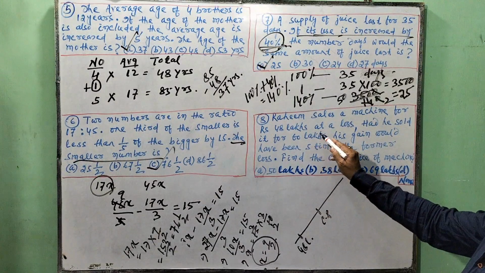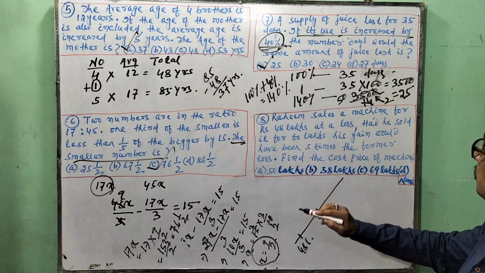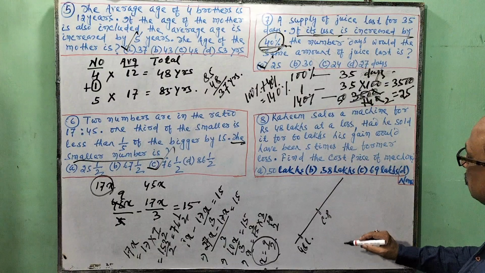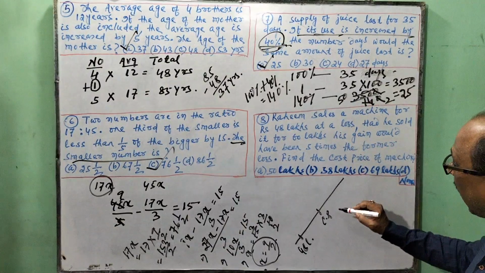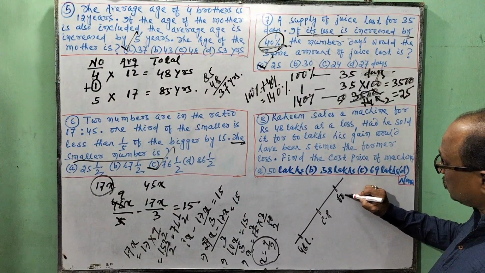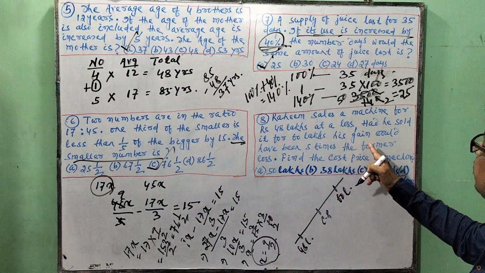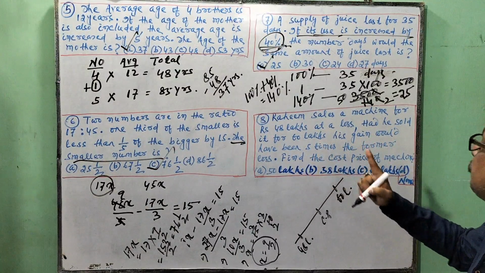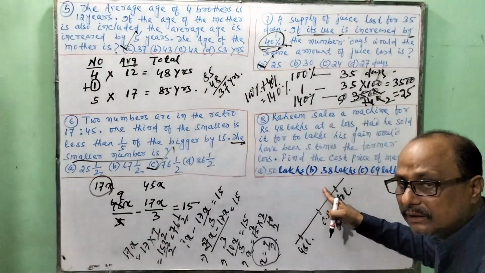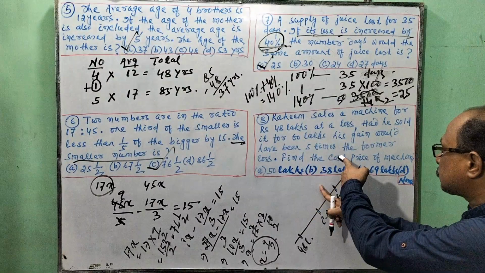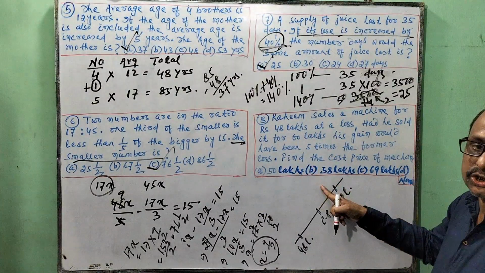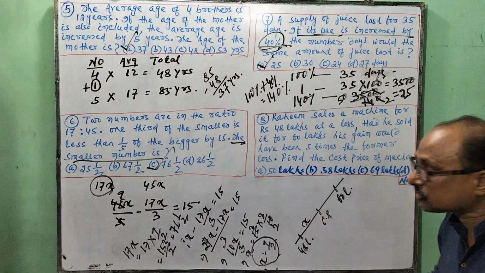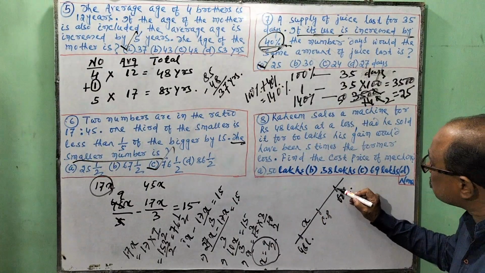Then had he sold it for 60 lakhs, his gain, after the CP, would have been 5 times the former loss. Former loss, suppose x, 5 times profit.